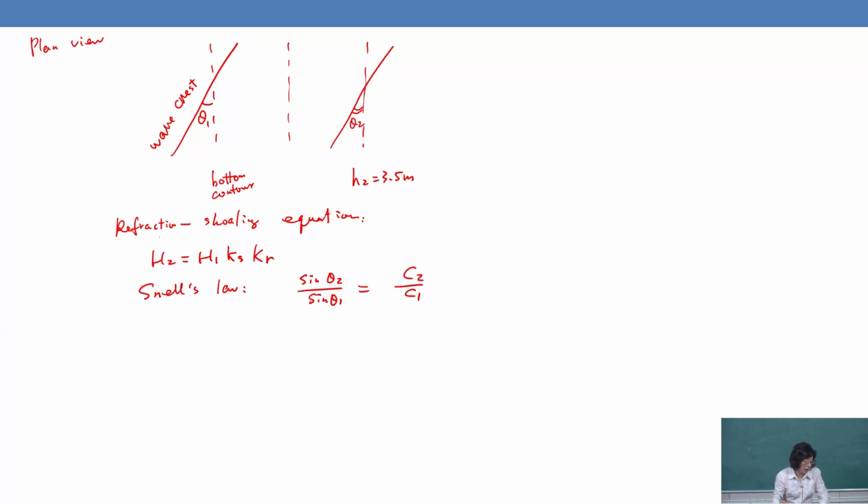And also we have the Kr, which equals cosine theta 1 over cosine theta 2. And what else we are having? We also have Ks equals to square root of Cg1 over Cg2.